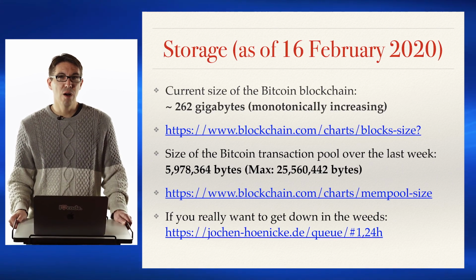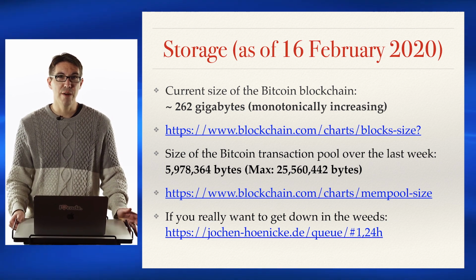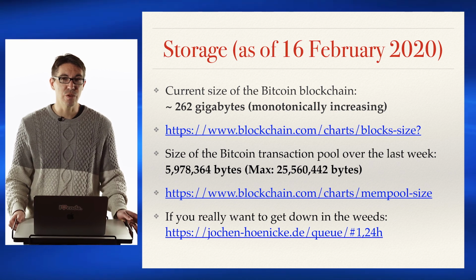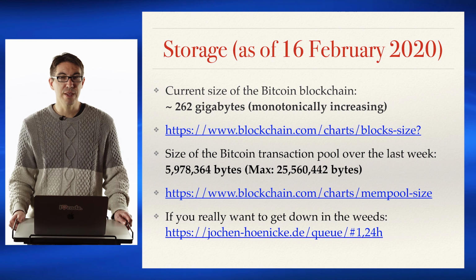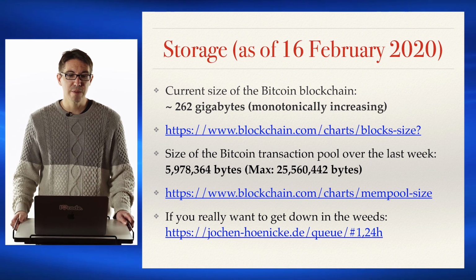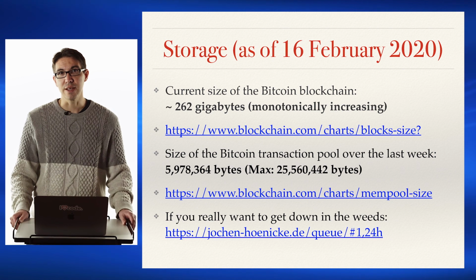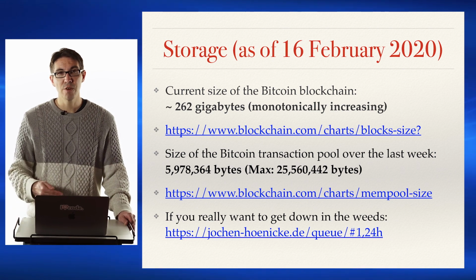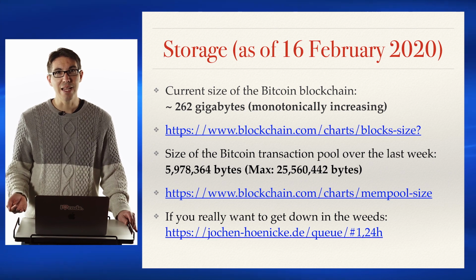Storing all of these blocks, the blockchain, as well as the temporary transactions that haven't yet been put into a block, the transaction pool, takes up a not insignificant amount of space. As of this morning, when I checked, the current size of the Bitcoin blockchain was about 262 gigabytes. And this is monotonically increasing. What we mean by this is every block that gets added, it's never going to take away any of the previous blocks.